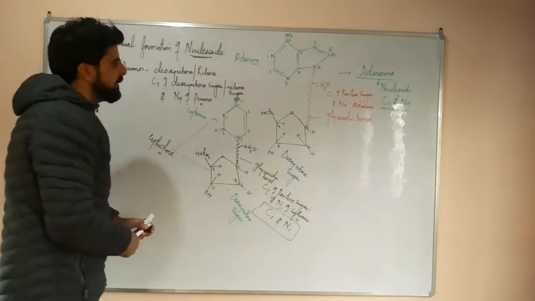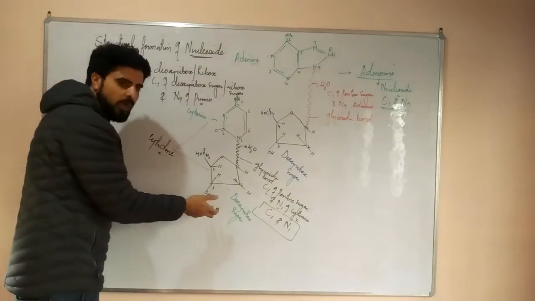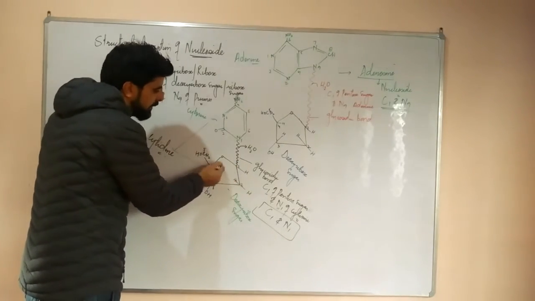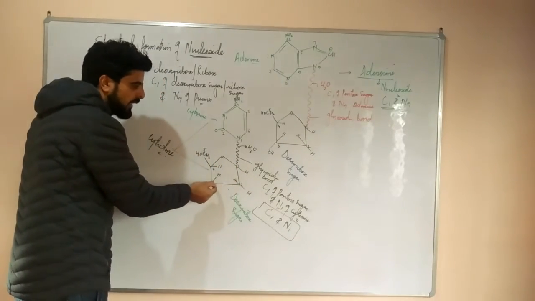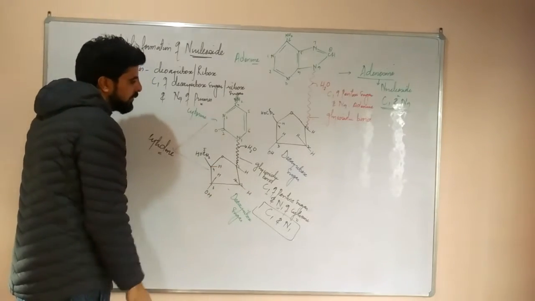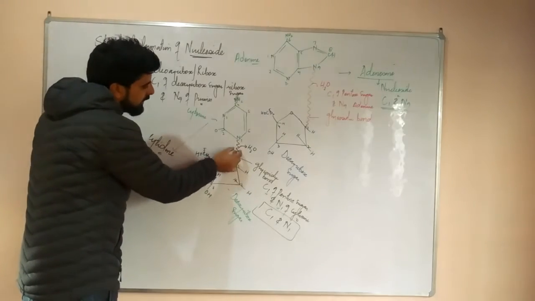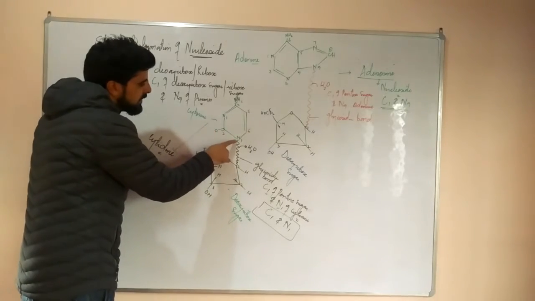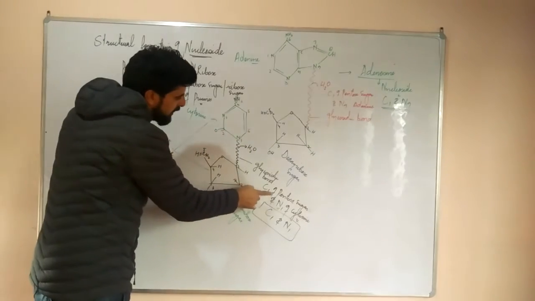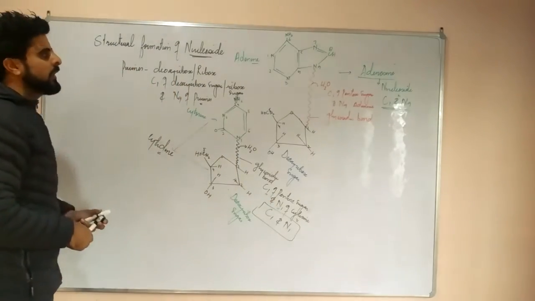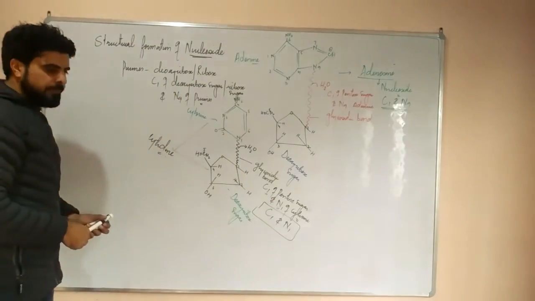In the case of pyrimidines, the bond will always be between C1 of the deoxyribose sugar in DNA, or ribose sugar in RNA, and the nitrogenous base, that is cytosine. So pyrimidines always make the bond between C1 of the pentose sugar and N1 of the base. This is the most important thing to keep in mind.